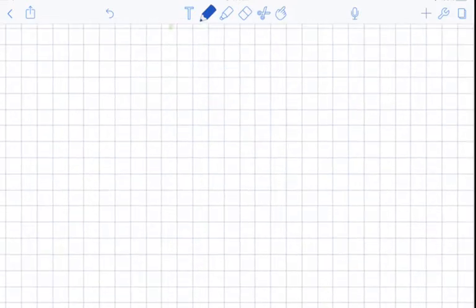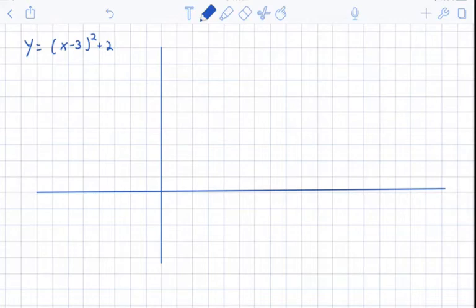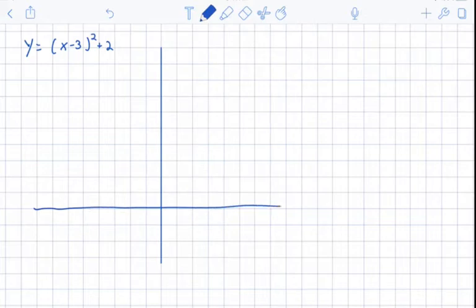So let's try an example rather. x minus 3 all squared plus 2. What does this graph look like? You already know how to draw the vertex of these things. Okay, so the vertex is at 3, 2. 1, 2, 3, 1, 2.